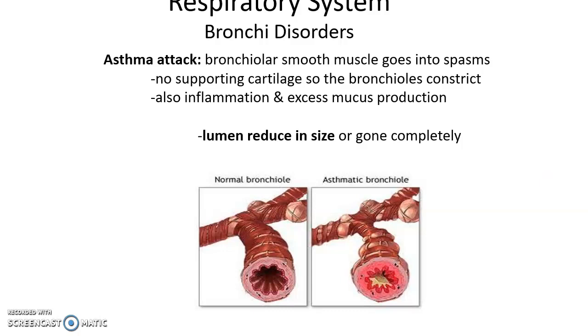Also, at the same time, there's often inflammation that starts to occur in the bronchioles, causing them to expand a little bit from the swelling. And also, mucus production tends to become stimulated, the mucus filling up the airspace. So the end effect is that the lumen, the open space in the bronchioles, is reduced significantly, sometimes completely, so that no air can pass through the bronchioles.